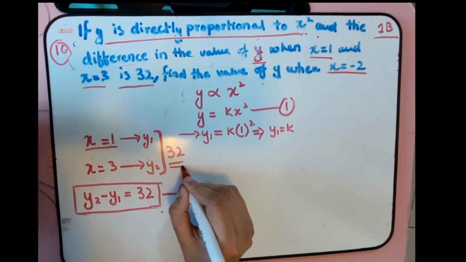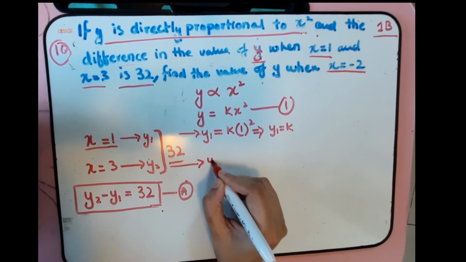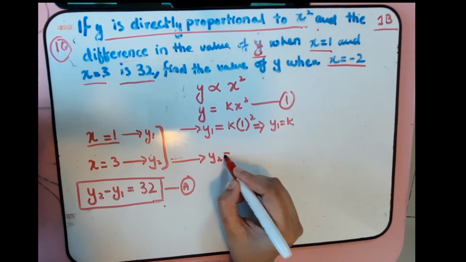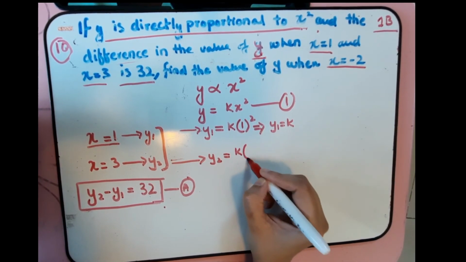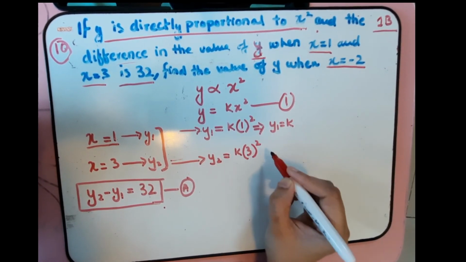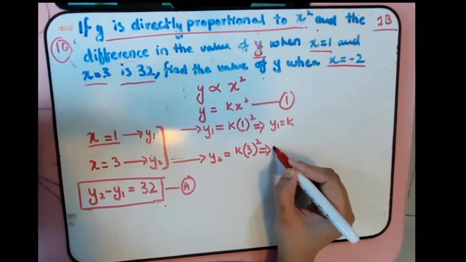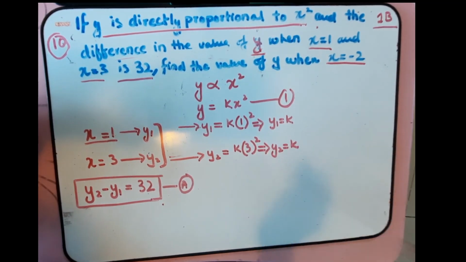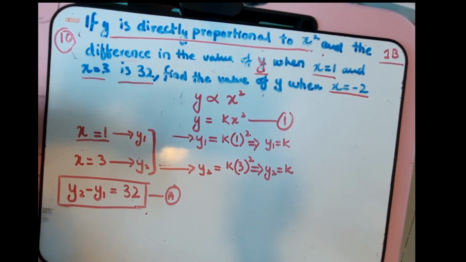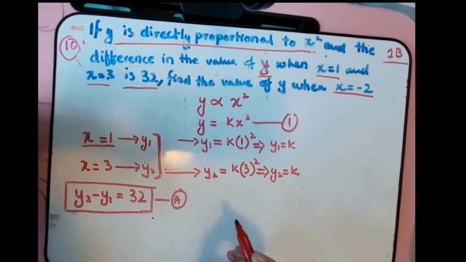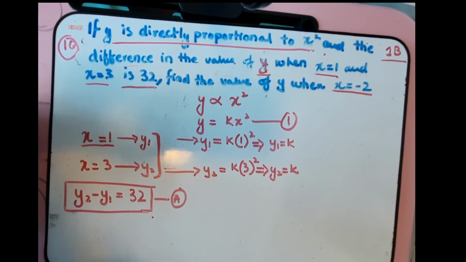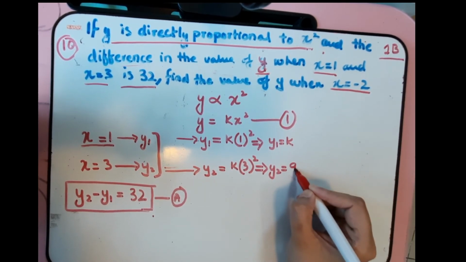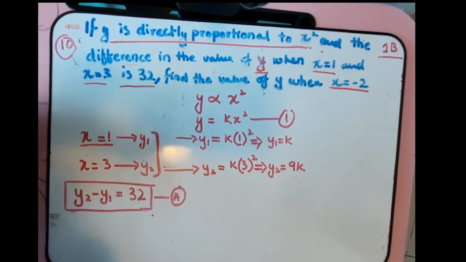And for y2, k into 3 whole square, so y2 is equals to 9k.